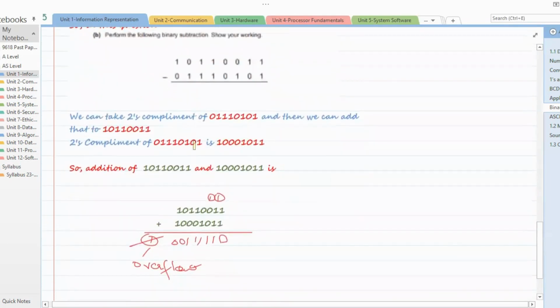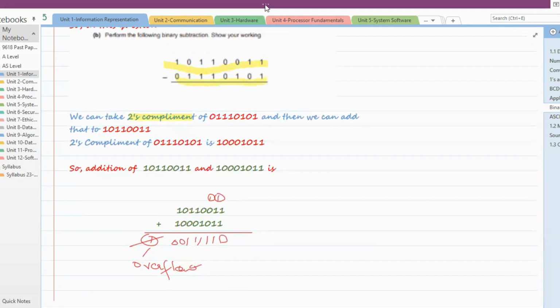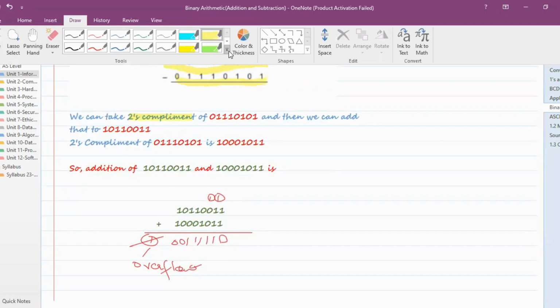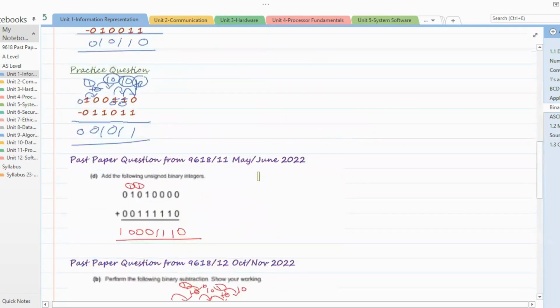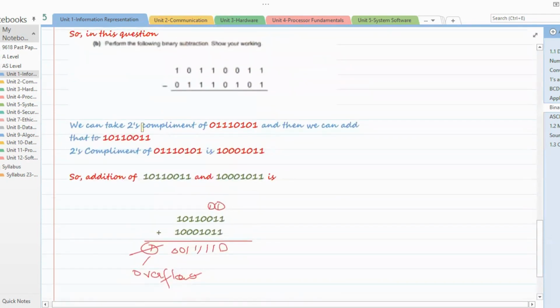I'll just show you. So what we do here, we have to subtract 01110101 from 10110011. So here what we'll do, we'll take 2's complement of this number, to make it a negative number.